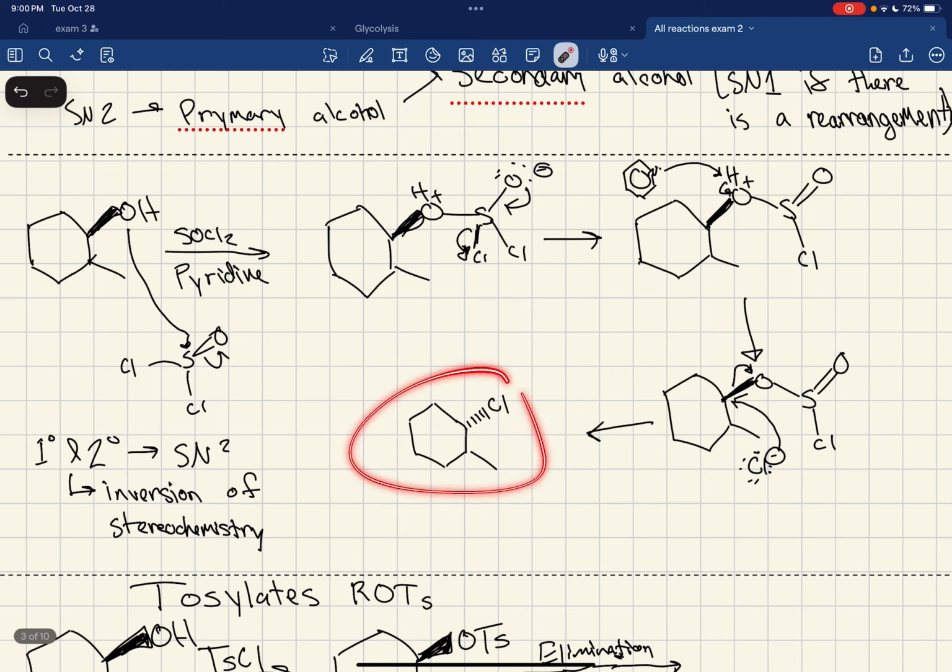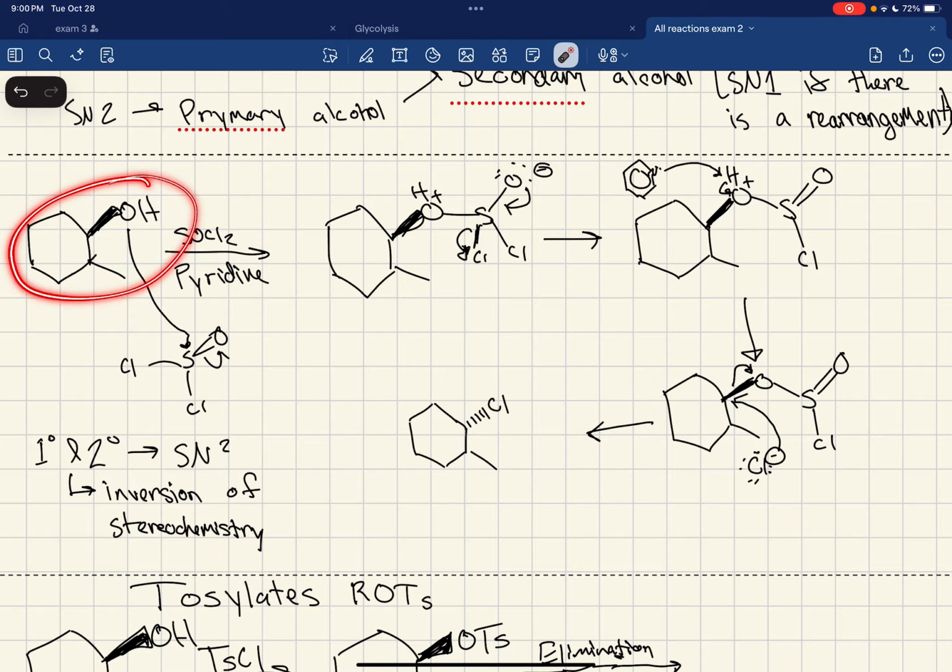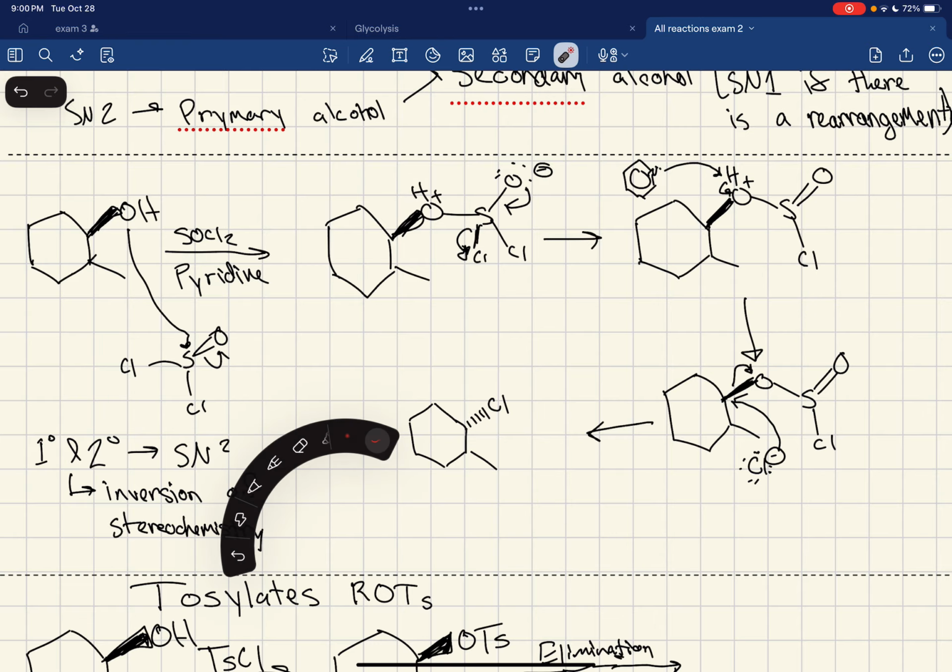That's important to remember. And it's best for primary and secondary carbons or alcohols. Best for primary and secondary. This is a secondary. So it's best for those because it happens through SN2. So there's no rearrangements, which makes it so you can predict the product really well.